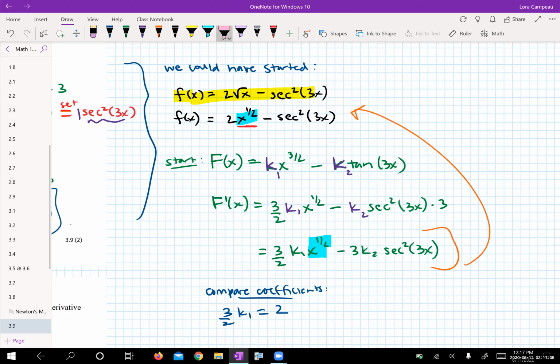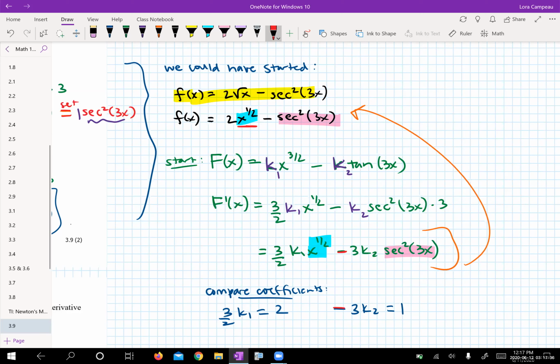If I'm looking at the secant square, I'm going to compare the coefficients of the secant square. So what I have at this point is 3k2 equals 1. Now, depending on what you want to do with the sign, sometimes I just keep it in play. Mainly, I already knew it was a negative, so might as well drop it down.